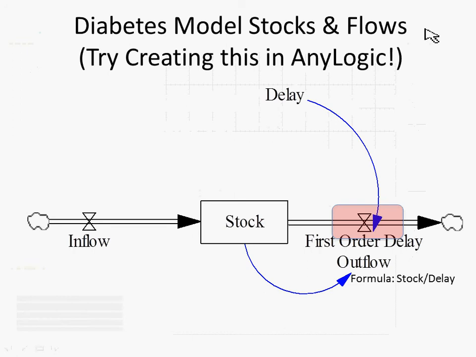Okay, now, I want you to put on a different hat for a moment and take a different perspective on this stock. This will be very important when we get into agent-based modeling shortly.